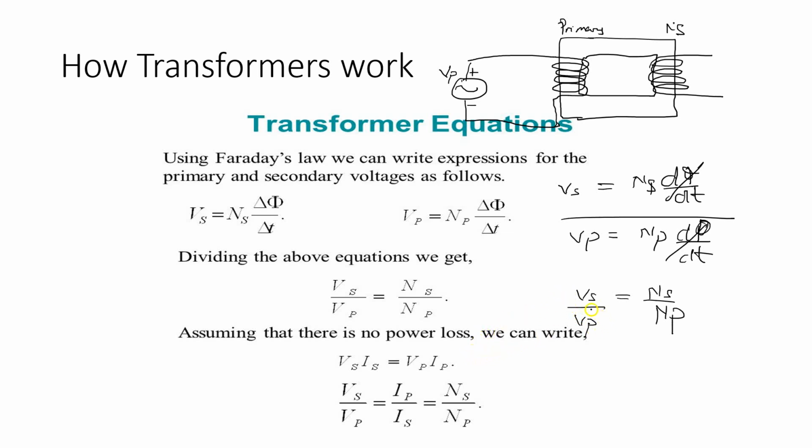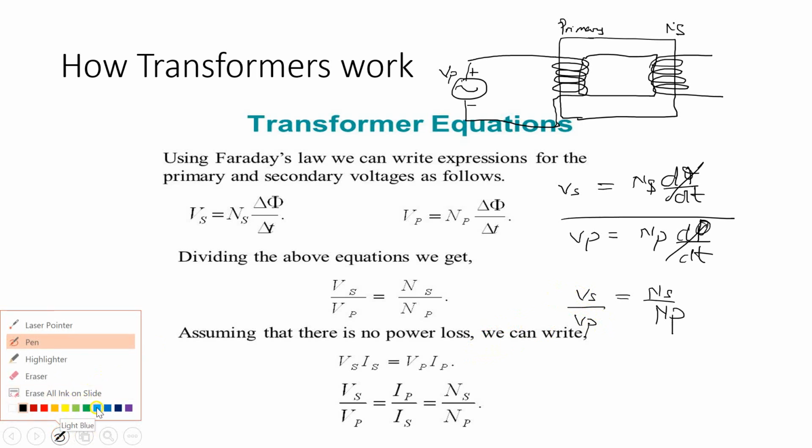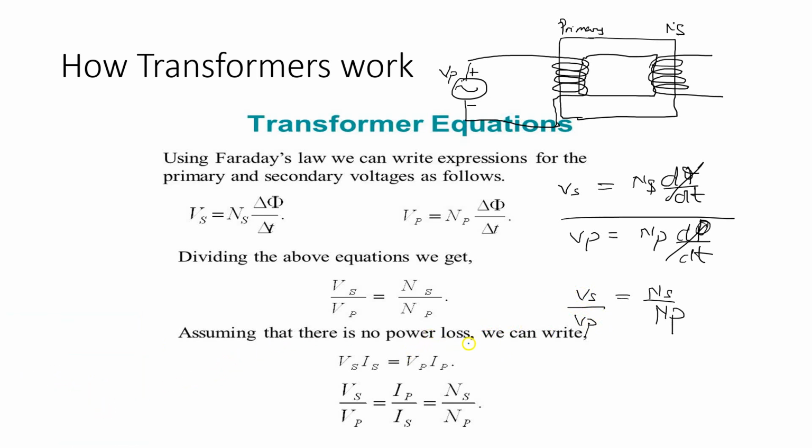Another equation that will come in very handy is an equation for power, right? As you can imagine, current is flowing through the wires, and there's a voltage that's going to be induced both in the primary and the secondary coil.